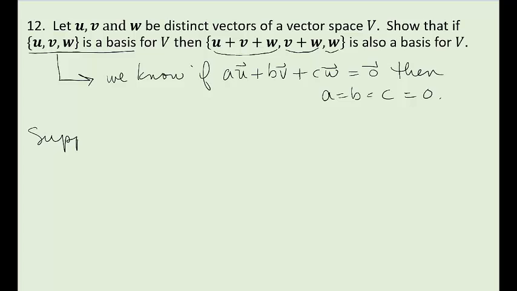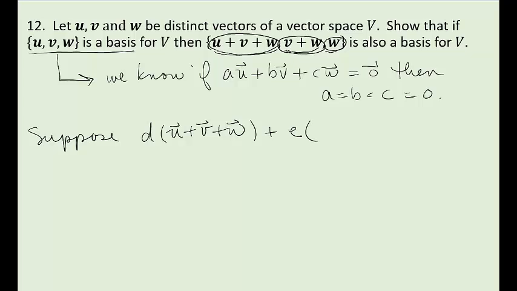Suppose that we have a linear combination of these three vectors, D times (u plus v plus w) plus E times (v plus w) plus F times w is equal to the zero vector, and we have to prove that D, E, and F are all 0. In that case, the three vectors in question are linearly independent.